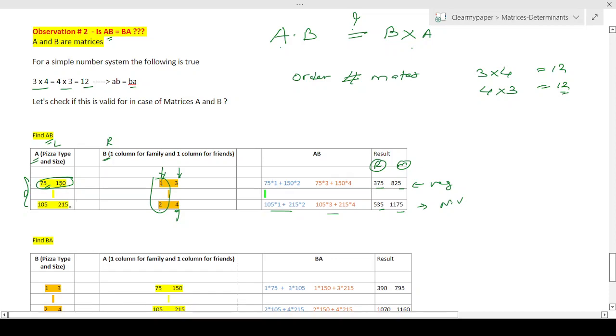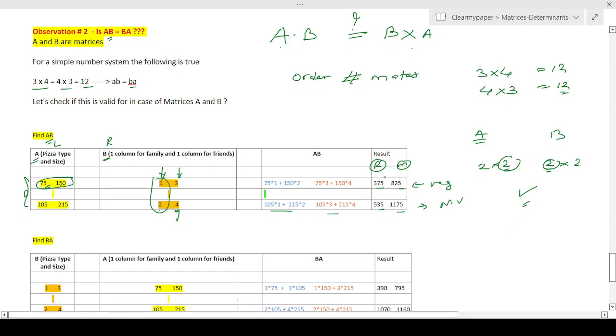Matrix A is a 2 by 2 matrix. Matrix B also has 2 rows and 2 columns, 2 by 2. And is multiplication possible? Obviously yes, because we did it. But how do you check that? You take the number of columns of the first and the number of rows of the second, and they match, so multiplication is possible. That's good news.